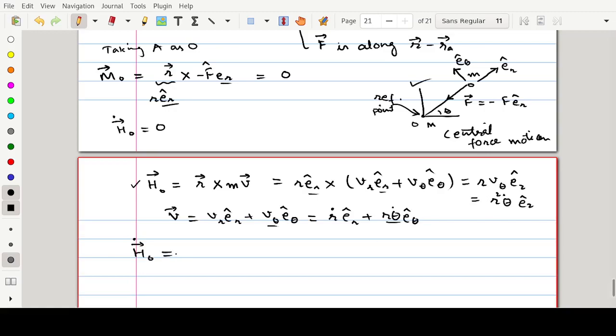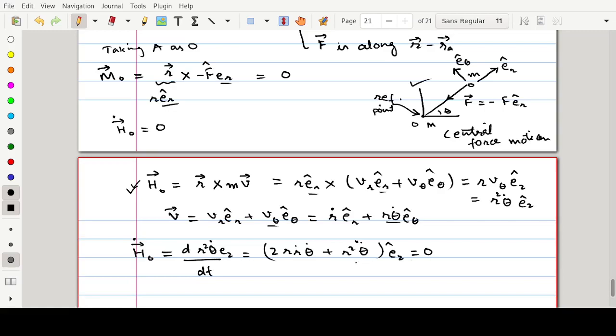Now I'll differentiate this expression for HO. d(R squared theta dot e_z)/dt is twice R R dot theta dot plus R squared theta double dot, times e_z, equal to 0.